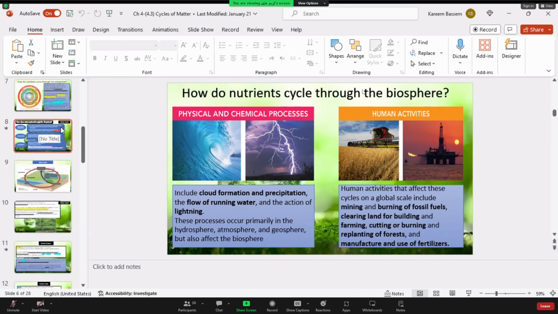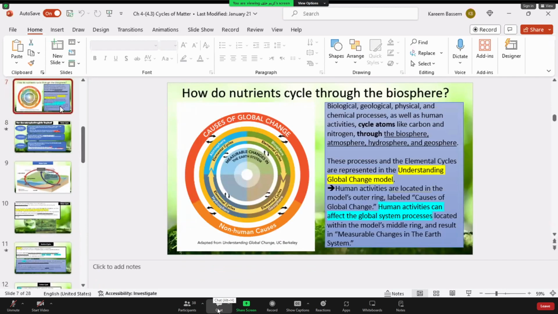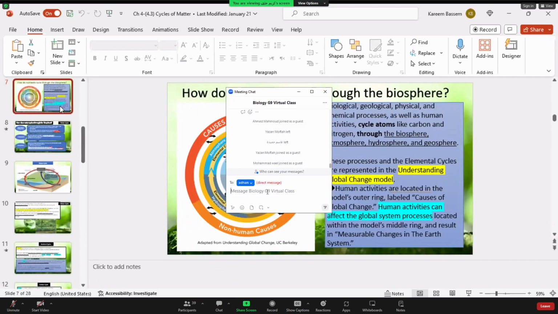When we started with the water cycle, I want all of you to write in your chat room the three main steps in which we can recycle water. Just in one message. Don't send many messages. Each one of you just send one message. How can water cycle through the ecosystem?